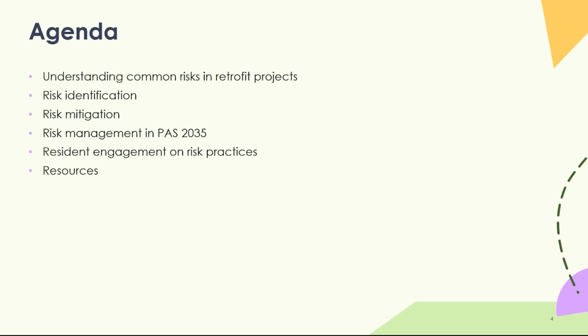We're going to move on to thinking about risk mitigation and then risk management from a PAS perspective. And then finally, finishing up with the other key elephant in the room, I guess, for these technical risk areas, which is how that works with resident engagement, for which if you nail, you're going to have a much easier time dealing with some of those common risk areas.